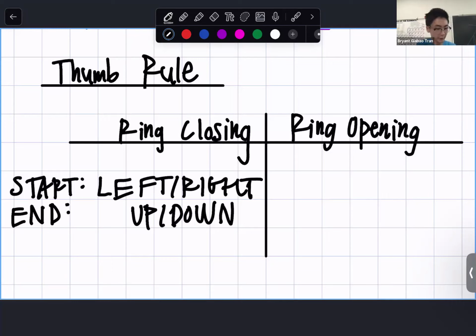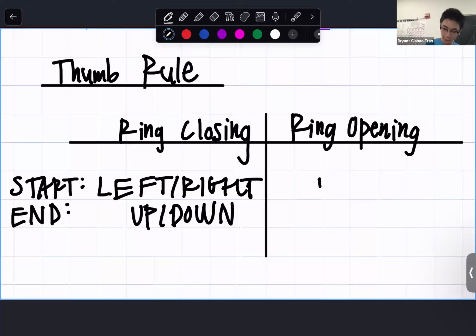The more important thing here is the relative stereochemistry relationship between those two groups. Like if they're trans, then that's the most important thing, where one has to be wedge, one has to be dash. If they're cis, your thumbs would either both be going up or both down. That means that there would have to be both dashes or both wedges, right? So that's ring closing.